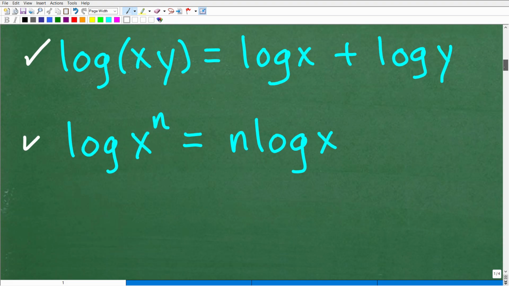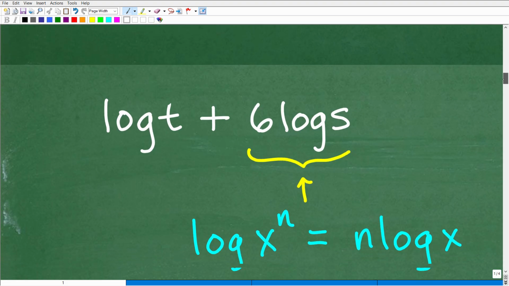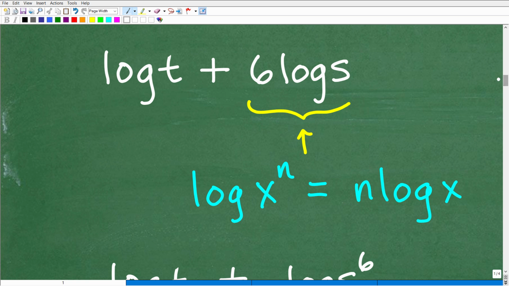Okay, so let's go ahead and get into condensing this expression. We have log t plus 6 log s. The best way to do this, in my opinion, is to first take care of any power situations. So here we have 6 log s. This 6 we can put right up here on the s.